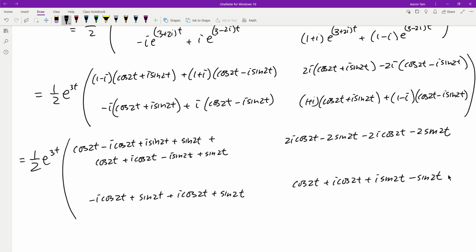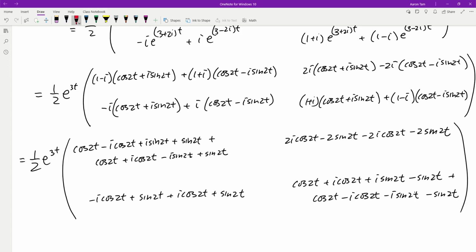And then plus cosine 2t minus i cosine 2t, and then minus i sine 2t, minus i squared, so it becomes minus sine 2t.